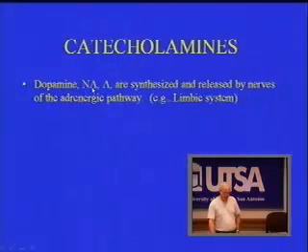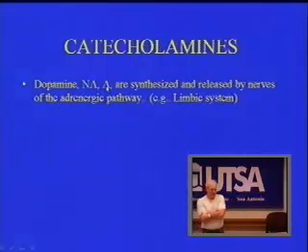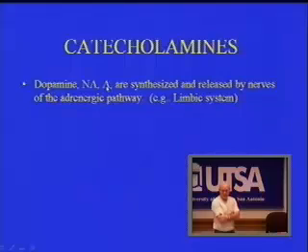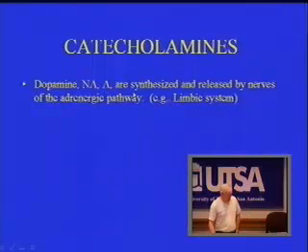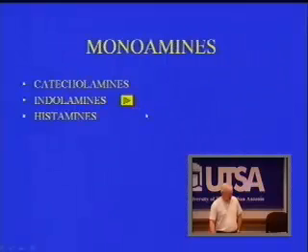Here it's NA for noradrenaline and A for adrenaline, but it really should be norepinephrine and epinephrine. The adrenaline and noradrenaline are no longer used, even though the receptors are still called adrenergic receptors. The terminology used is norepinephrine and epinephrine, and they are synthesized and released in the adrenergic pathways that we'll look at.